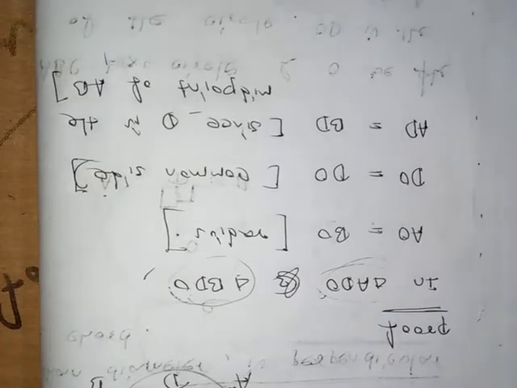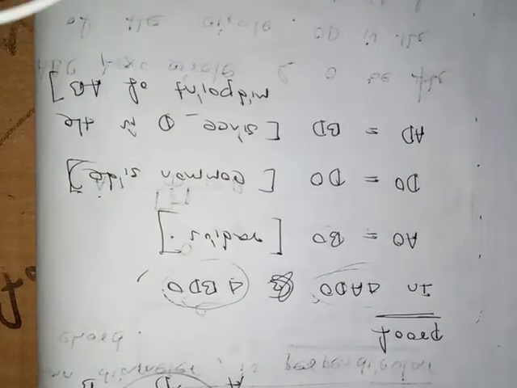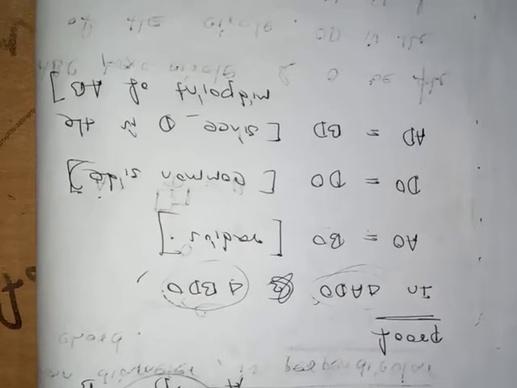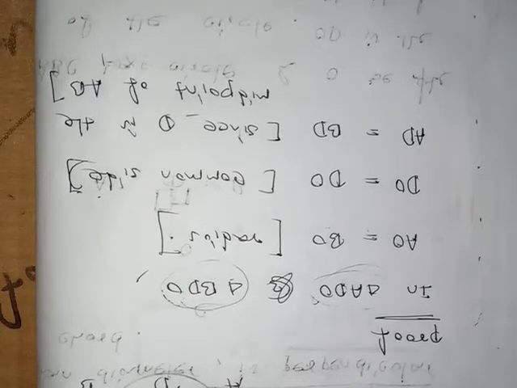What is the theorem? The statement of the theorem is, if three sides of a triangle are equal to the three sides of another triangle, both of the triangles are congruent to each other.